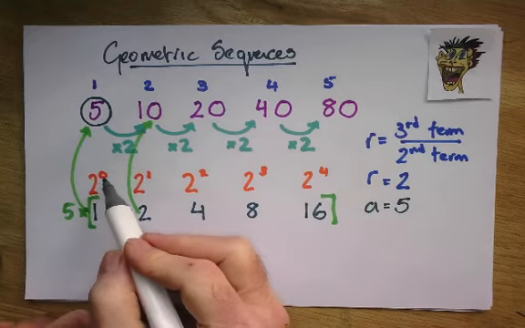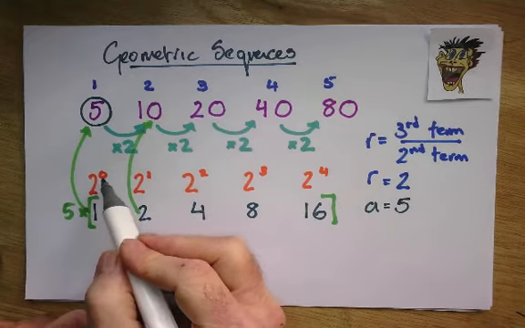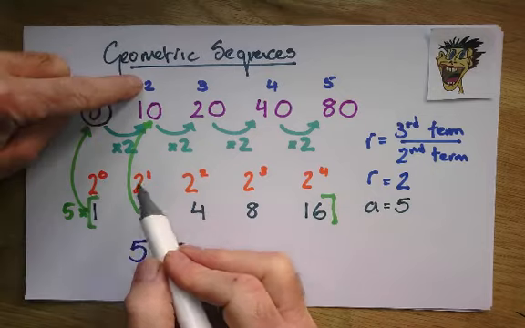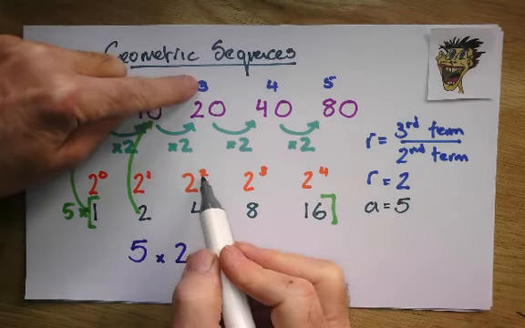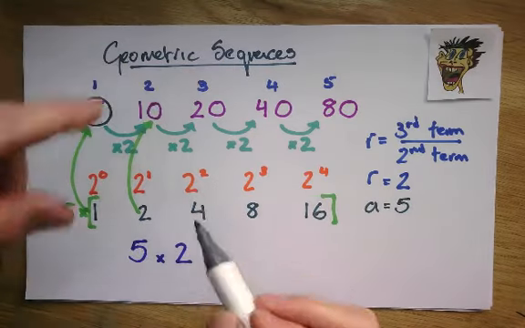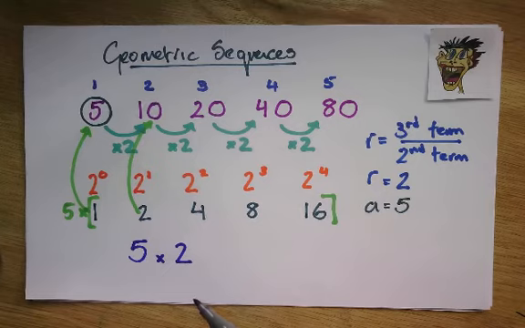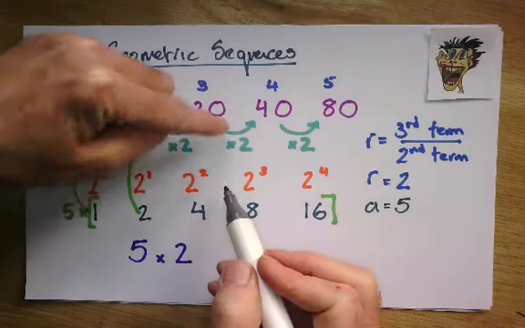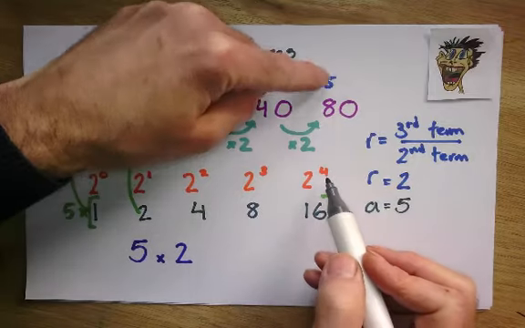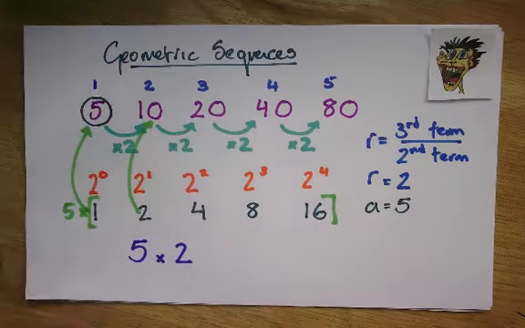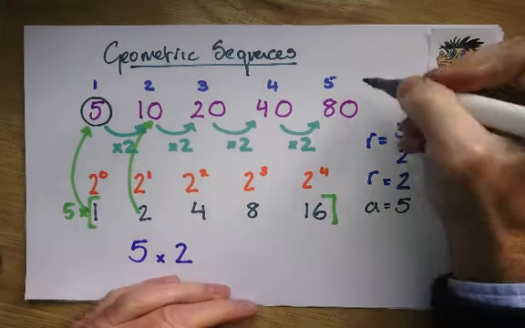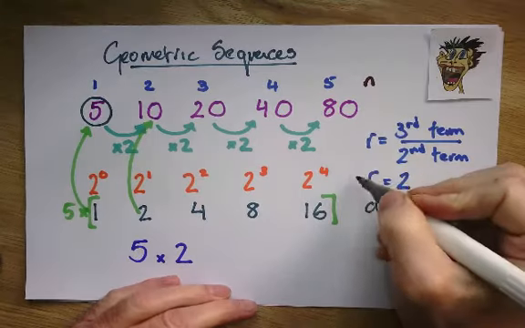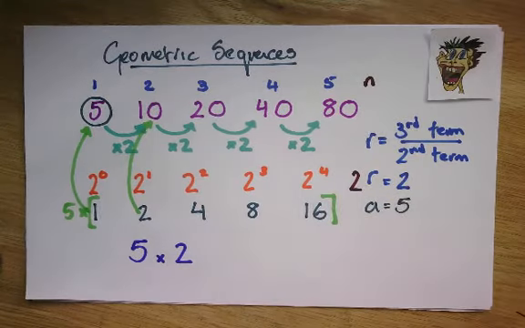And the thing you need to think about is this number here. Our first term, our second term, our third term. If it was our nth term, I wonder what this number would be. So if it was n, then it will be 2 to the what?